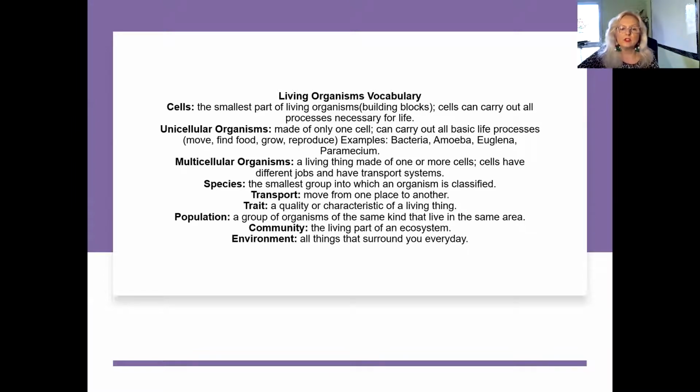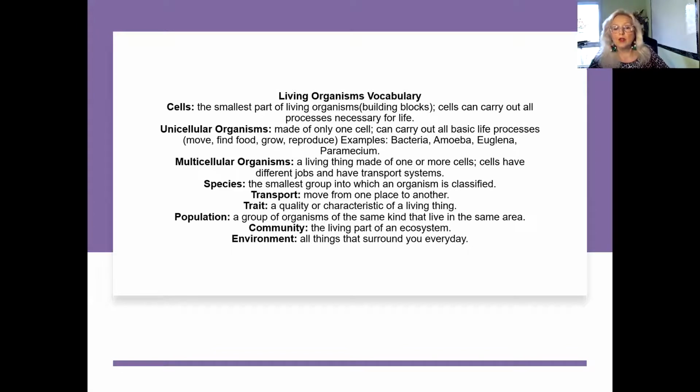Then there's species, the smallest group into which an organism is classified. Transport, move from one place to another. So some of these cells actually transport things, like nutrients and oxygen and things like that, or if it's a unicellular organism, it's got to develop its own process within that one cell to transport stuff.